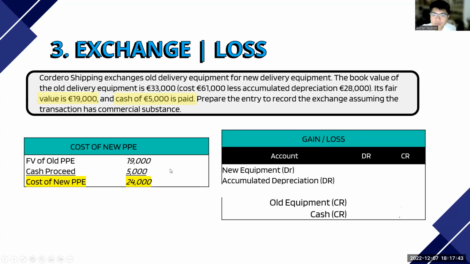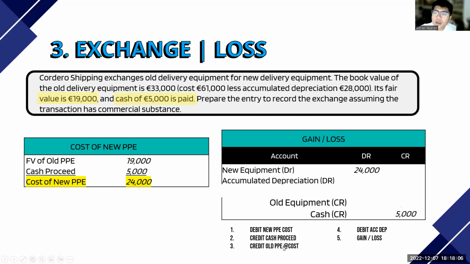So, 24,000. And then, ito yung journal entry ng gain or loss. Let's do it in a chronological order para mapalabas natin kung gain or loss on exchange. Right? First is you debit the new PPE cost. So, alam natin 24,000. Next, you credit the cash proceed, which is the 5,000. Right? 5,000.